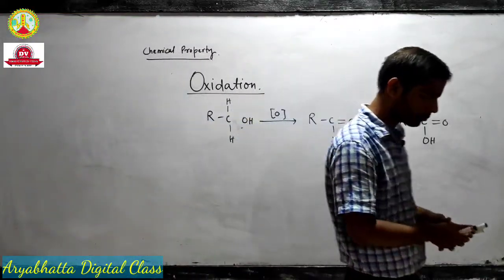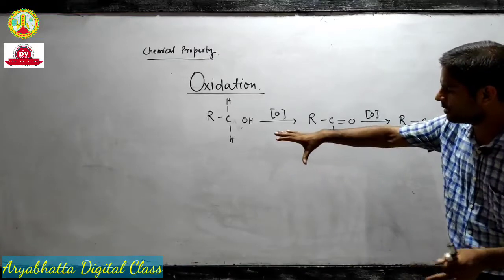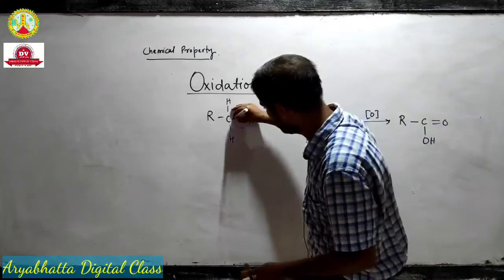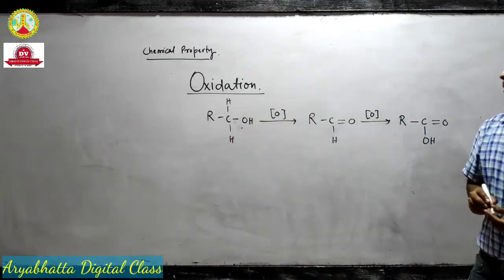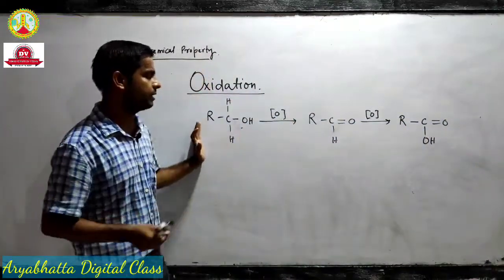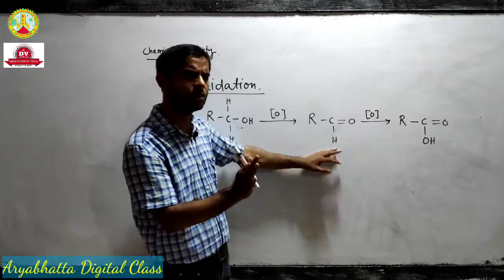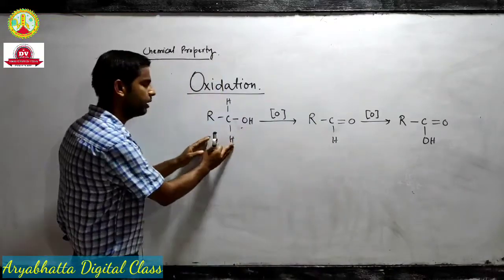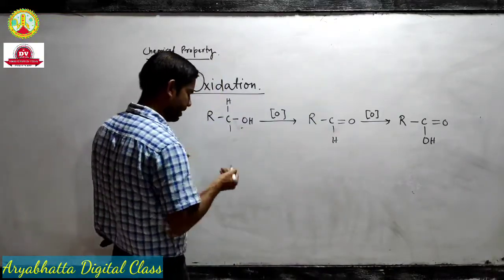Now we can see the final product is carboxylic acid. That means alcohol gets converted to an aldehyde, or a ketone if this hydrogen is replaced by an alkyl group.